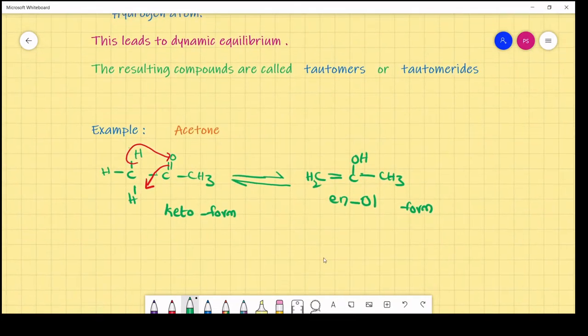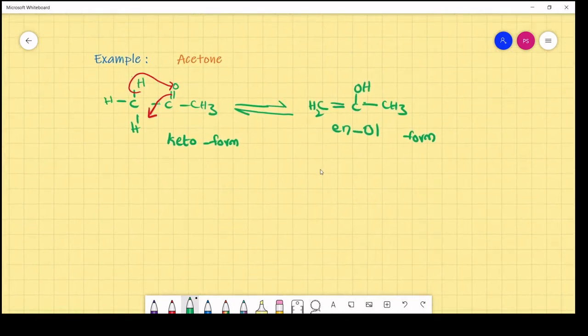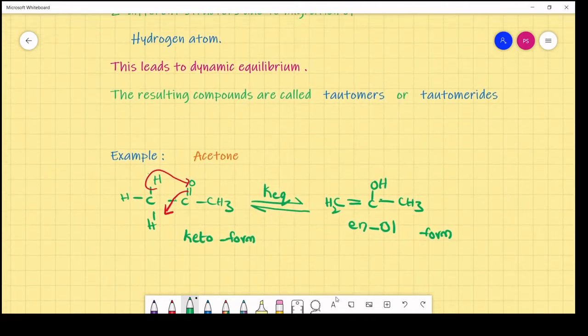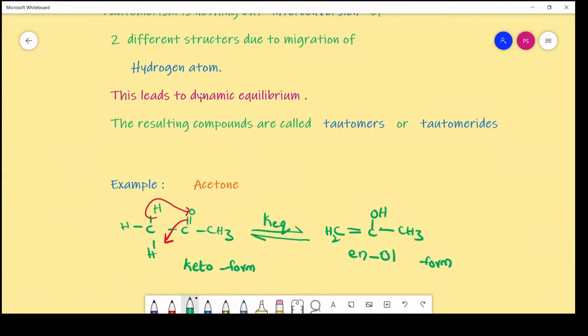Tautomerism forms a dynamic equilibrium, which we indicate with an equilibrium arrow. What is the meaning of dynamic? Dynamic means the isomers are present in an equilibrium position. This is the keto isomer and this is the enol isomer, and both are in equilibrium.